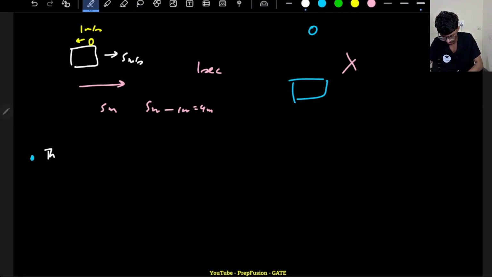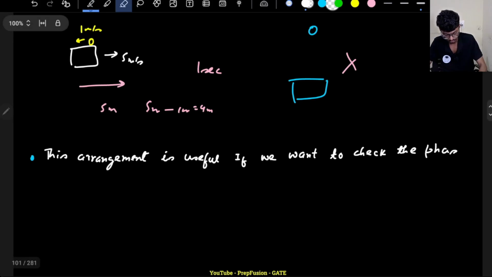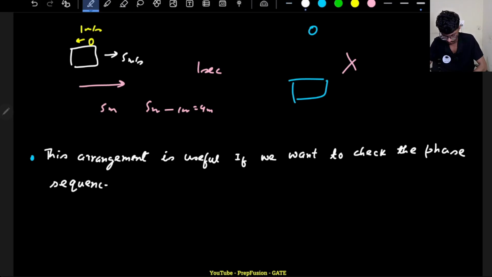It is useful if we want to check the phase sequence. If you want to check the phase sequence, this arrangement is very, very useful.